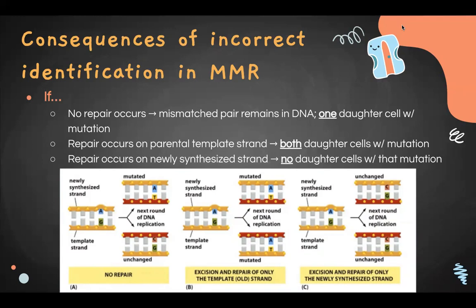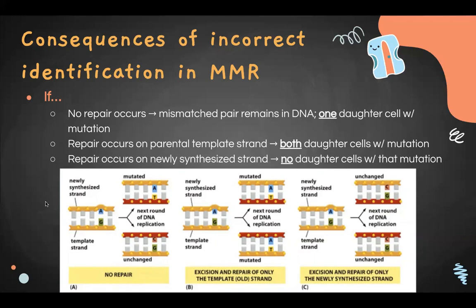If no repair occurs, the mismatched pair would remain in the DNA, with one daughter cell carrying the mutation. As you can see here in A, if there's no repair, the orange strands are the parent strands. The bottom orange one is the template strand, and the top orange one is the newly synthesized one.